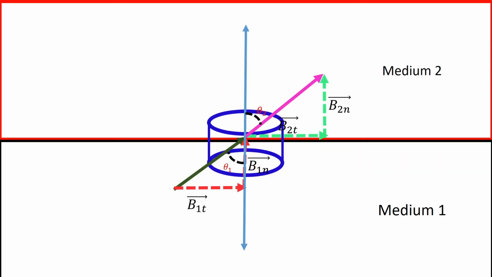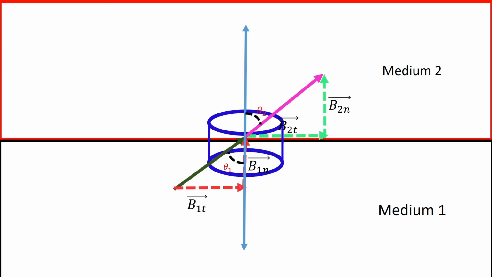Now for applying Gauss's law for magnetic fields: because magnetic monopoles do not exist, the closed surface integral of B bar is equal to 0. This closed surface integral means the number of magnetic flux lines leaving the surface.